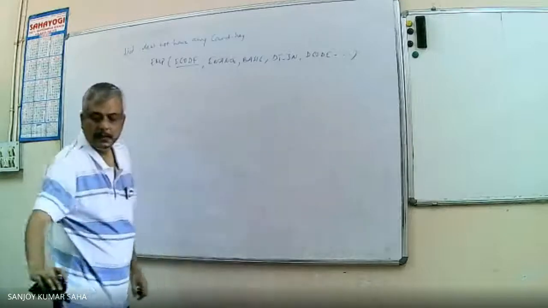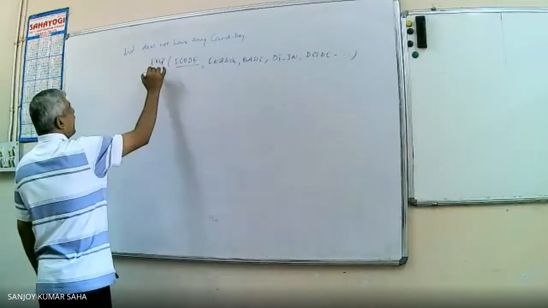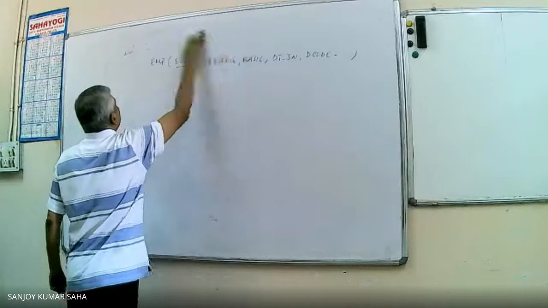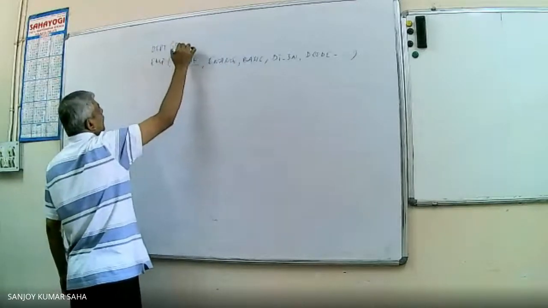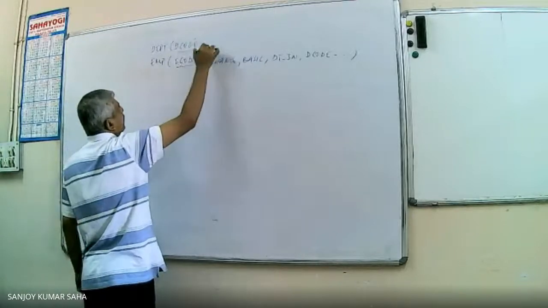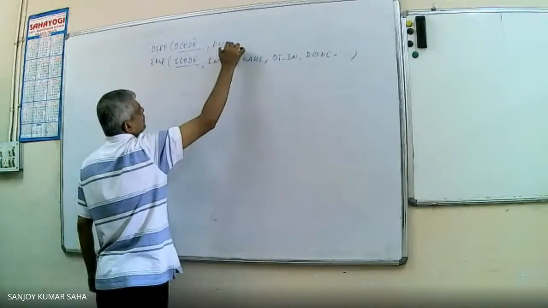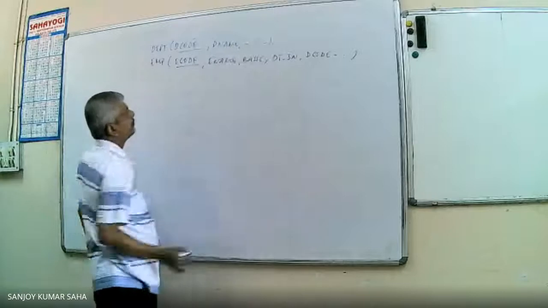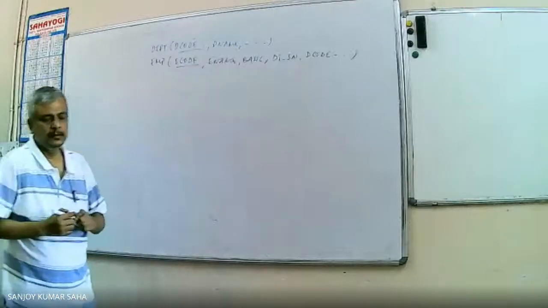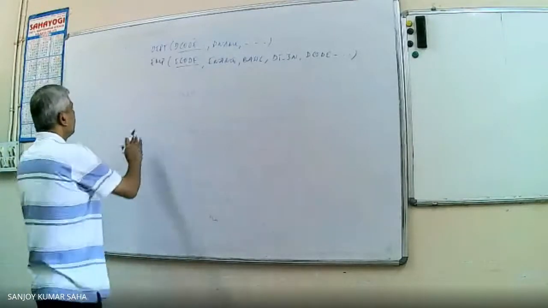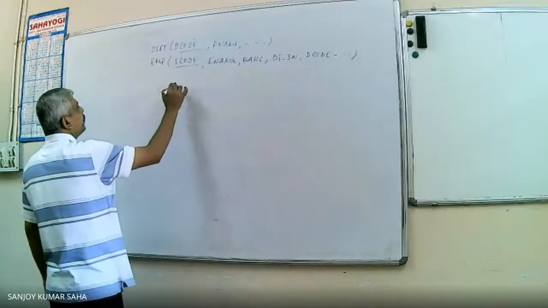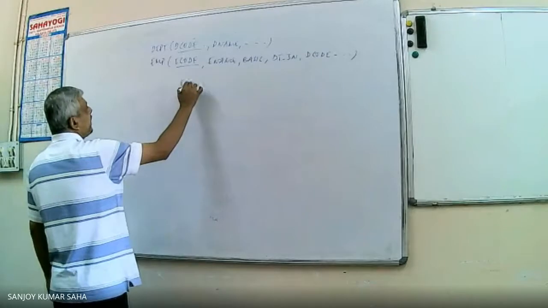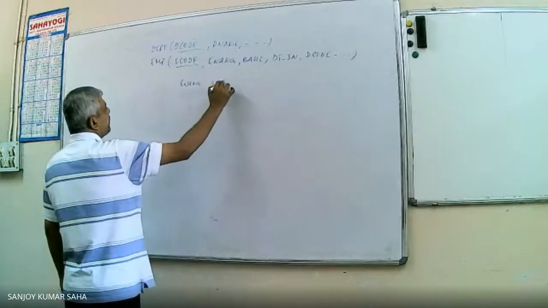Suppose we have another relation, say department: code, department name, if we have some other attributes of the department. Now see, suppose we need employee name and department name.